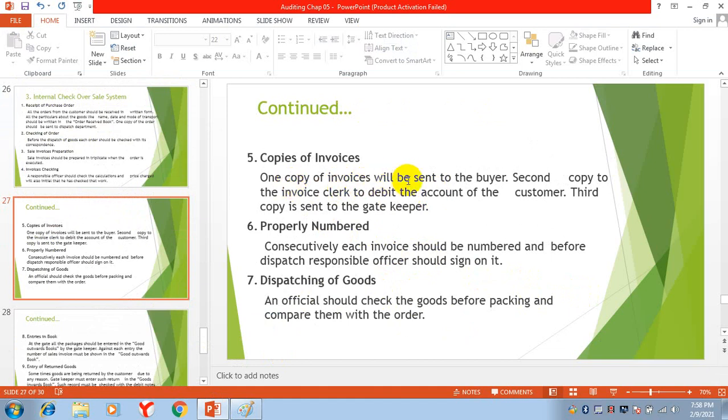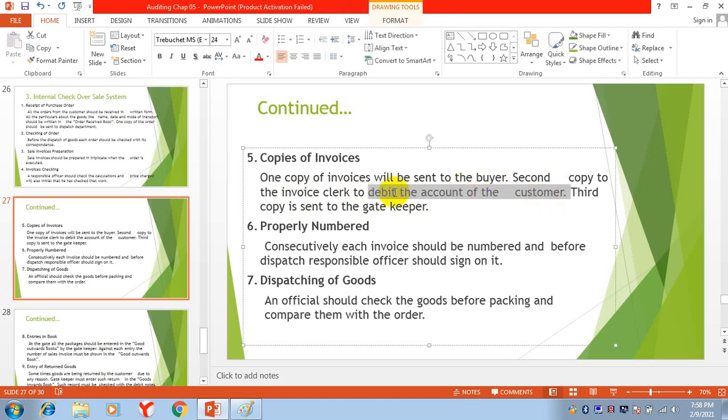One copy of invoice will be sent to the buyer, second copy to the invoice clerk, to debit the account of customer, accountant you can say, who is making entry of that invoice in the books of accounts.